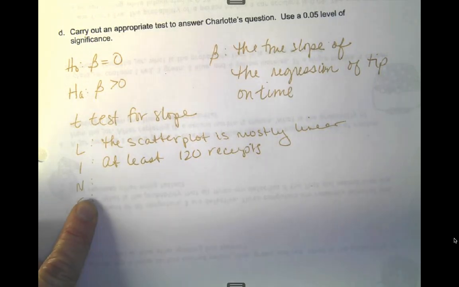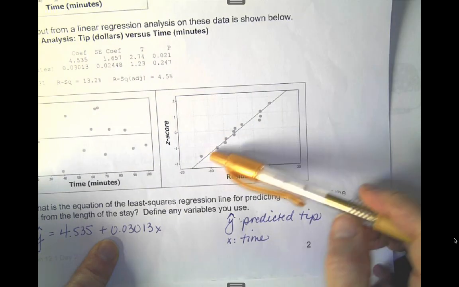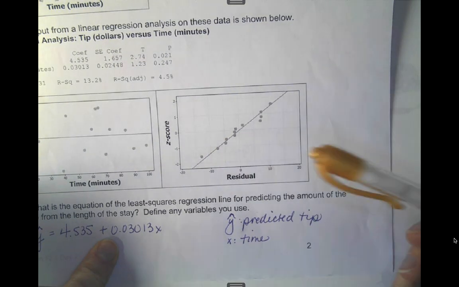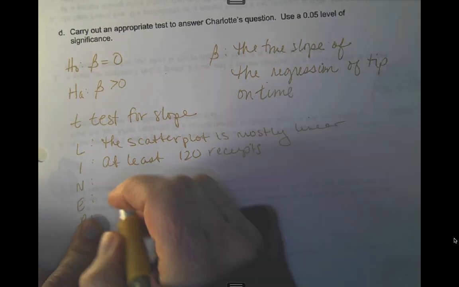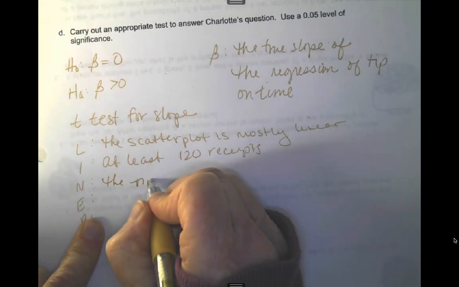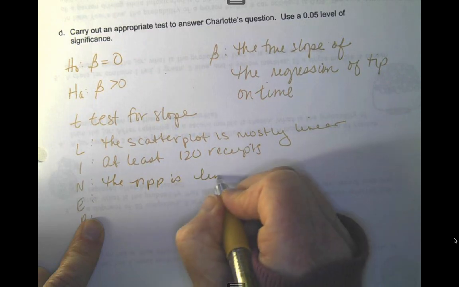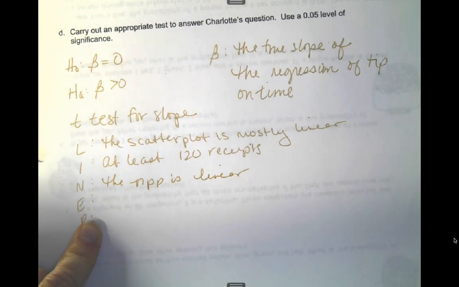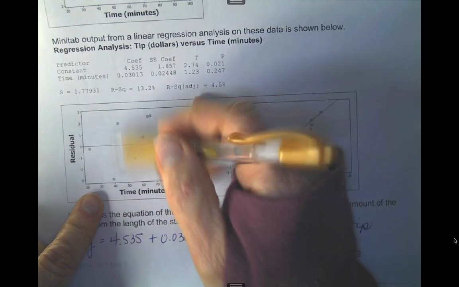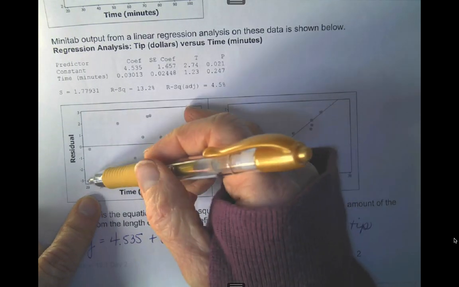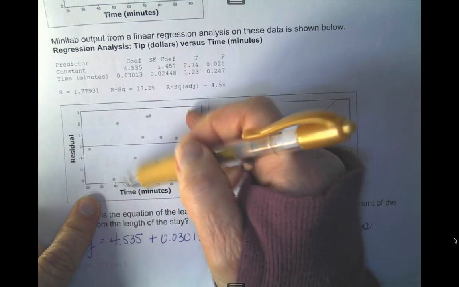The N, we're going to look at our normal probability plot. That's the graph that they gave me. You could look at a histogram, but they didn't give me that. So there's the normal probability plot. So the normal probability plot is linear. E is our equal variance. So we're going to look at the residuals. Maybe slightly wider here, but I mean, this is dollars, so it's not like it's a huge amount.